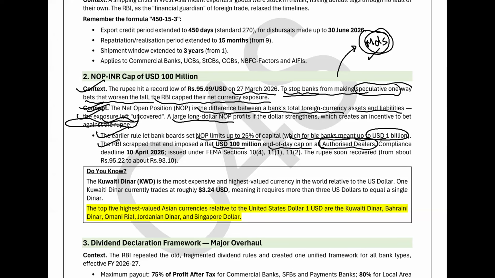ठीक है? Compliance deadline 10th April 2026, issued under FEMA section 10 subsection 4, 11 subsection 1, 11 subsection 2. याद रखना, the rupee soon recovered from about 95.22 to about 93.10, और ये बहुत ज्यादा jump है, right? Are you getting my point? And it is very strong because it will weaken what?